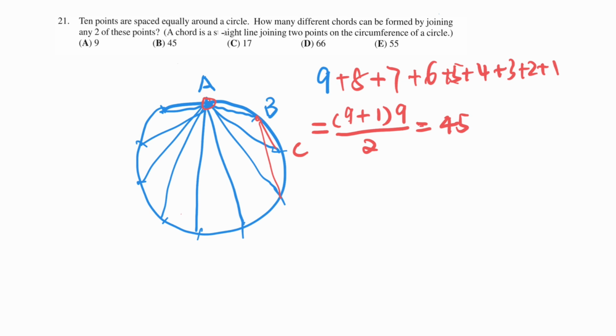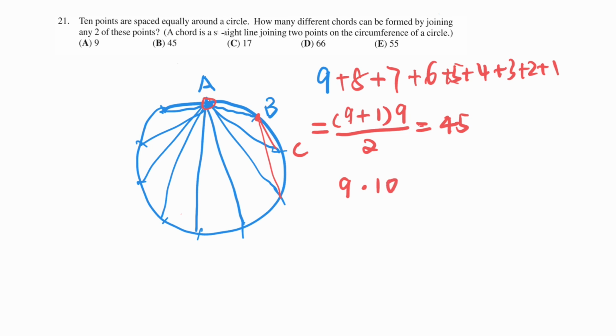We can do it another way. From A, I can connect 9 chords because A cannot connect with itself. So that applies to each point; we can connect 9 chords. How many points do we have? 10. So we use 9 times 10.